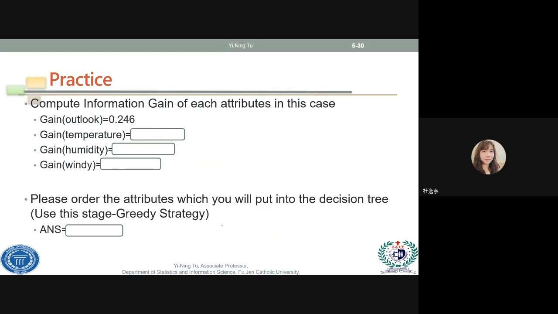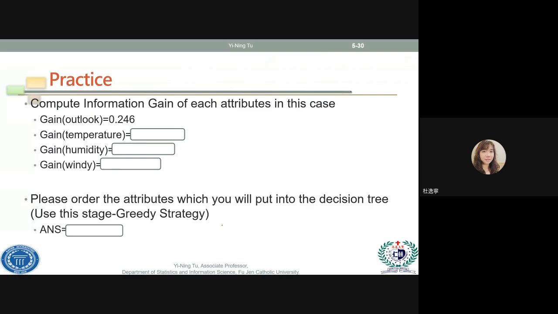this is another assignment for extra points next week. Please compute the information gain for temperature, humidity, and wind. And please tell me which one you will put into the decision tree as the first attribute. For this part, please use the greedy strategy.